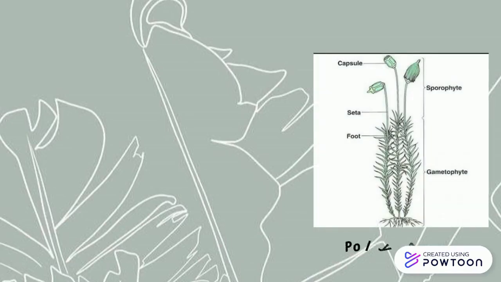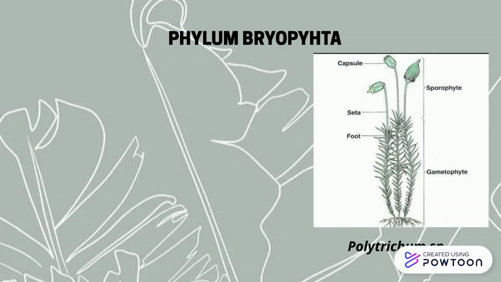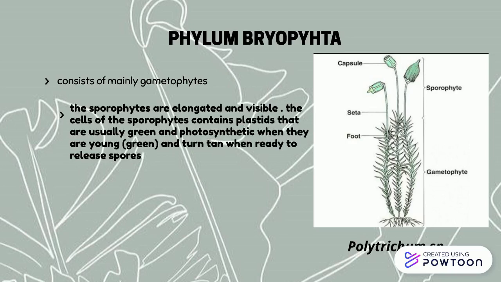Next, we have our second phylum, which is phylum Bryophyta. Phylum Bryophyta consists mainly of gametophyte. The sporophytes are elongated and visible. The cells of the sporophyte contain plastids that are usually green and photosynthetic when they are young, and turn tan when ready to release spores.